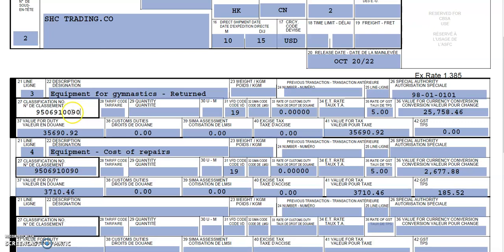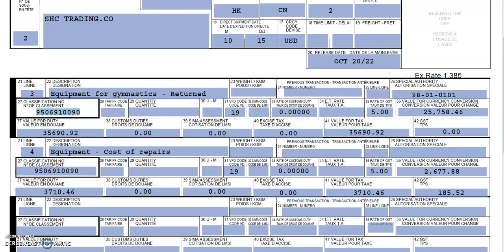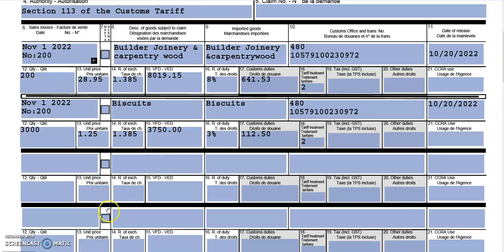But this HS number, when you look it up in the customs tariff, is duty free. So that tells me there's no customs duty paid when it was imported. Therefore, now that you've destroyed it under customs supervision, there's no need to put it on the drawback, because you didn't pay duty when it came in, so you can't get any duty back on it leaving. So that would be blank. You'd only have 2 items on this particular drawback.